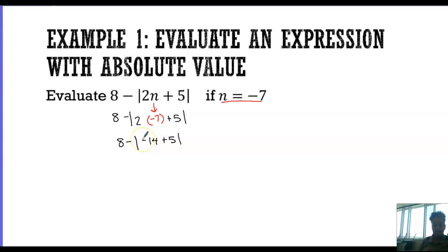Let's add that together. -14 plus 5 is -9. But what's the absolute value of -9? Well, that's +9. So really I have 8 minus 9 because that minus is on the outside. 8 minus 9 is -1. So if n equals -7, our answer would be -1 for this evaluation.